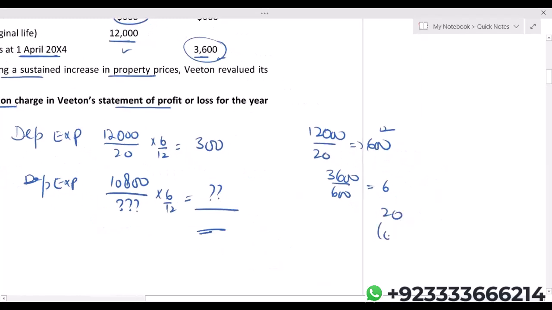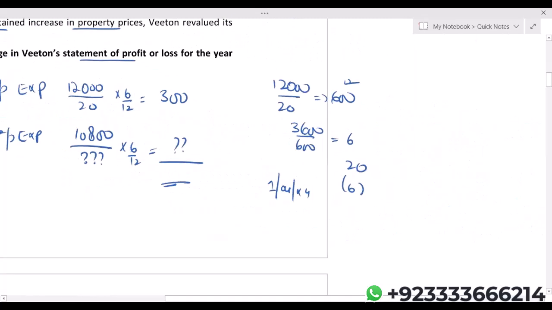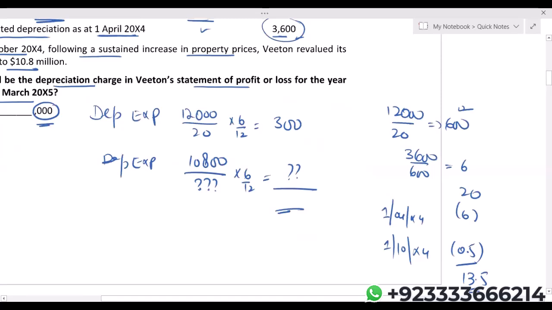Out of 20, 6 years passed till April X4. Then the property was revalued on 1st October X4, so an additional 6 months means 0.5 years. So the remaining life is 20 minus 6.5, which is 13.5 years.